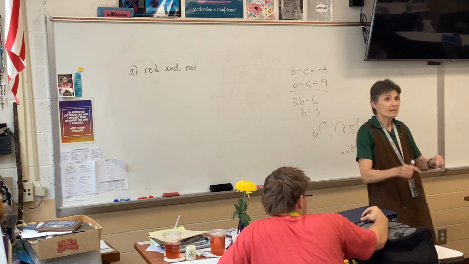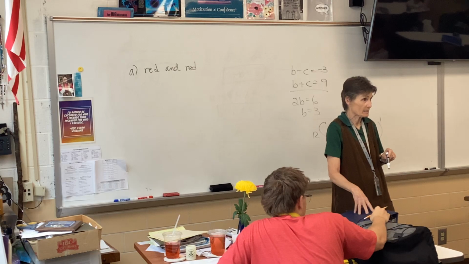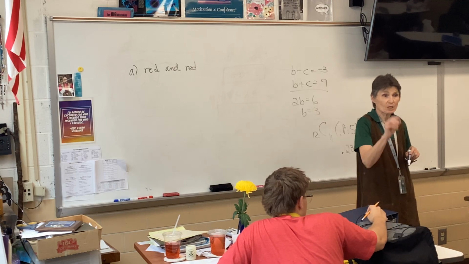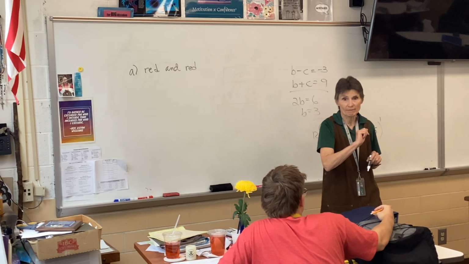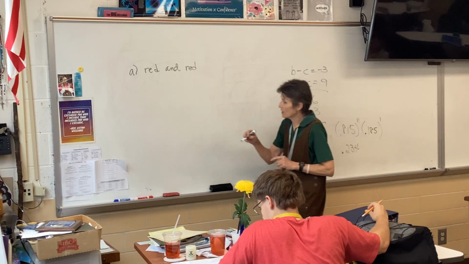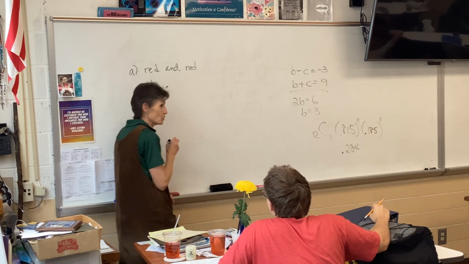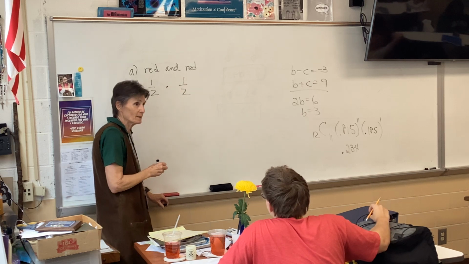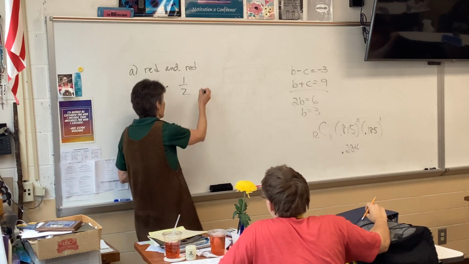There's 52 cards here, 26 of them are red, so my chance of getting a red out of pile 1 is 1/2. What is my chance of getting a red out of pile 2? 1/2. So what is my probability of getting a red and a red? 1/4.